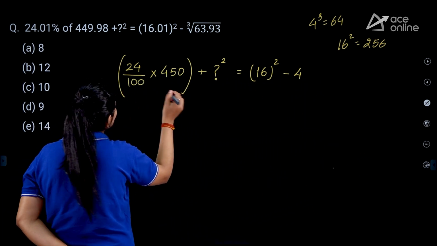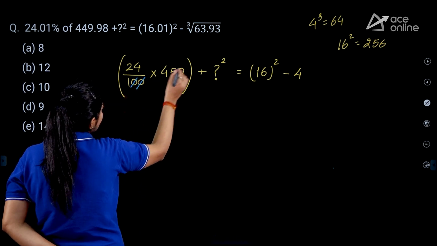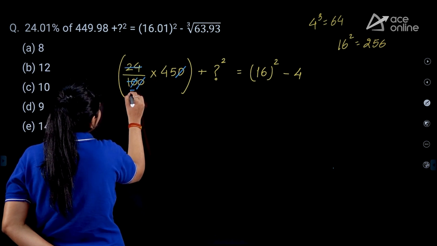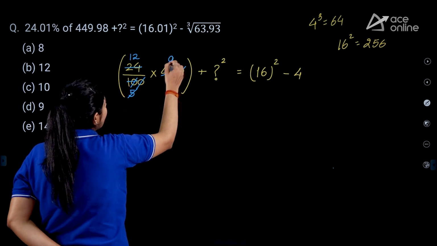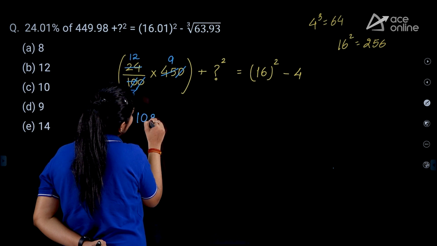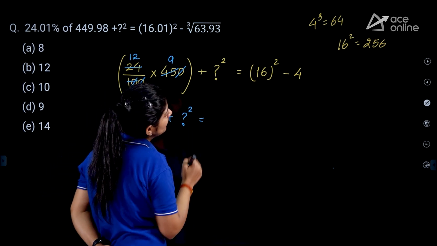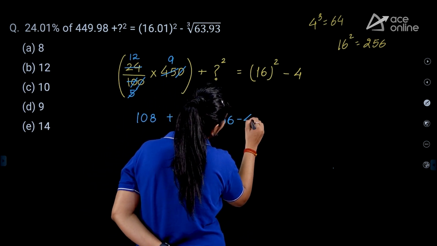Here I can easily write it like this, this 0 and this 0 are eliminated. Here we are having 10. So we can write 5 over here, 12 over here, 9 over here, right? So here we are having 108 plus this square is equal to 256 minus 4.